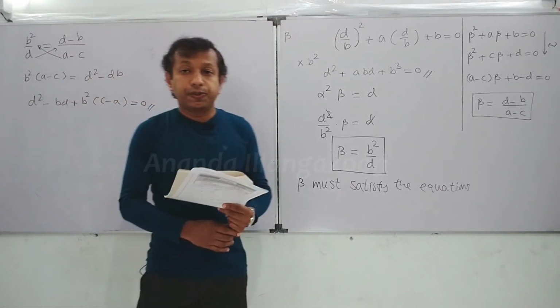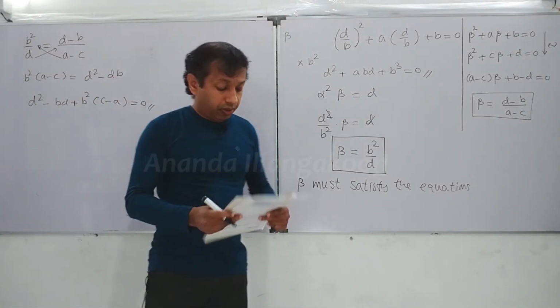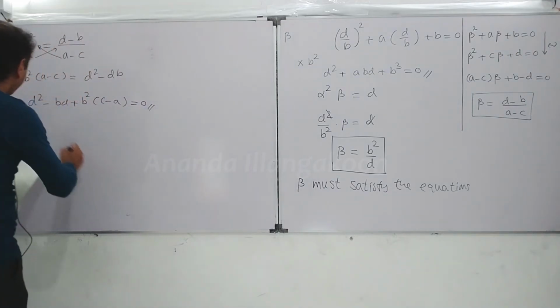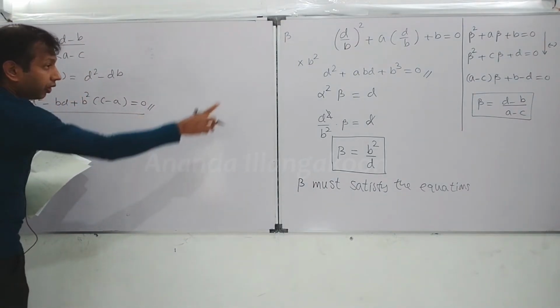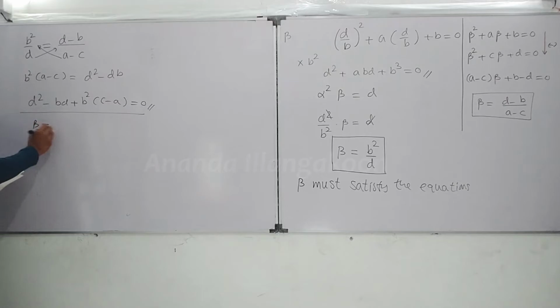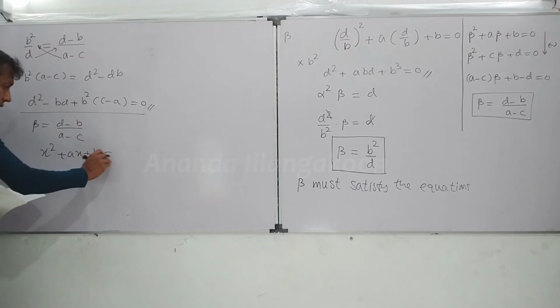The next answer we can obtain from beta. We found beta is d minus b by a minus c, and this beta is a root of the equation x squared plus ax plus b equals 0, right?